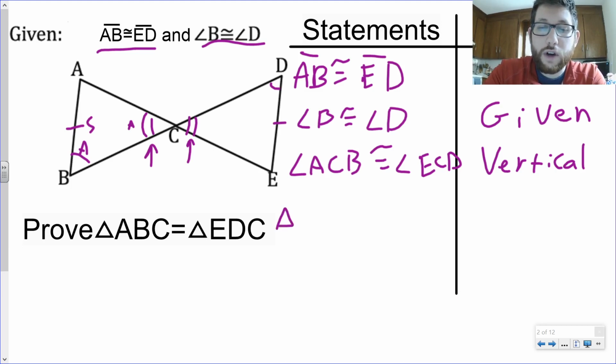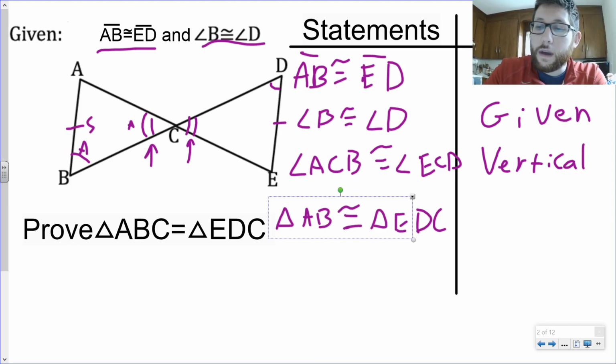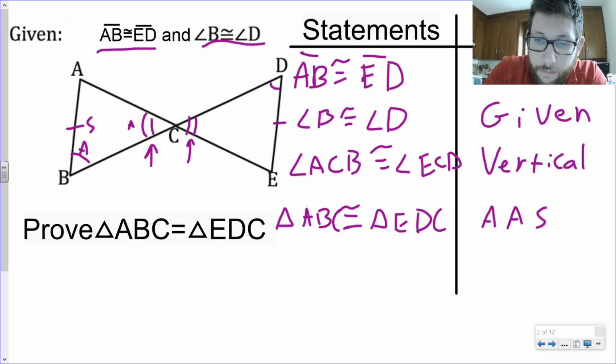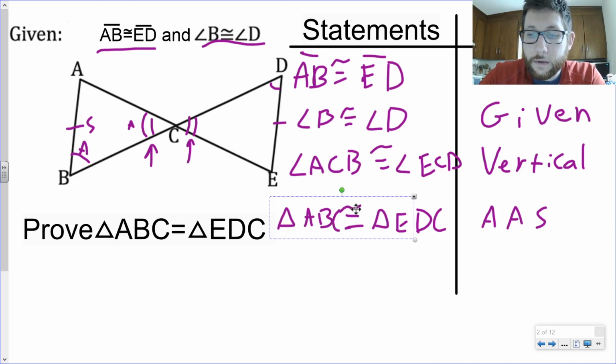So I'm going to put triangle ABC is congruent to triangle EDC, and the reason here is angle, angle, side. And now we've finished writing our proof. Oops, I totally missed the C there, didn't I? There we go, that's a little better, EDC.